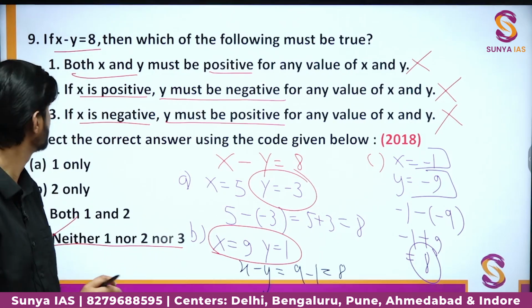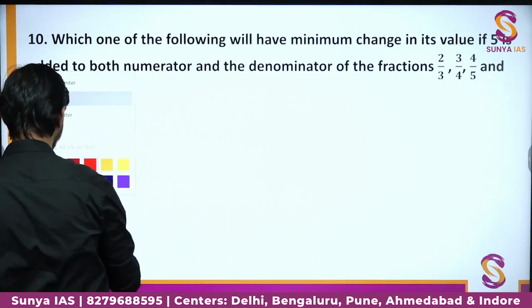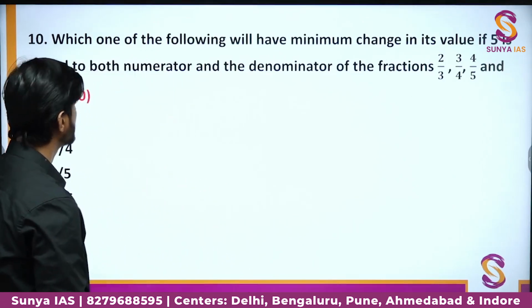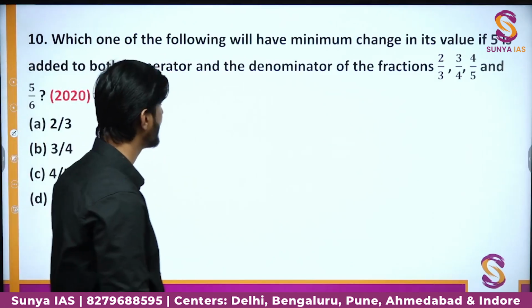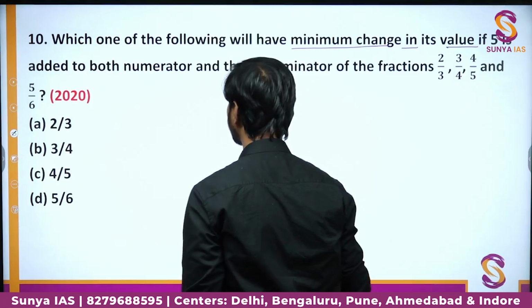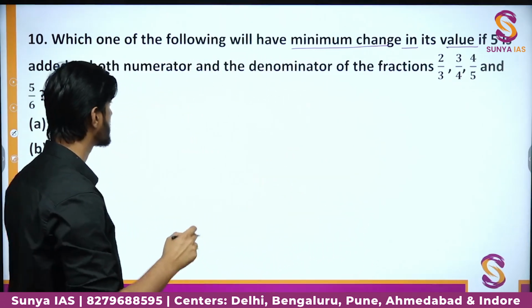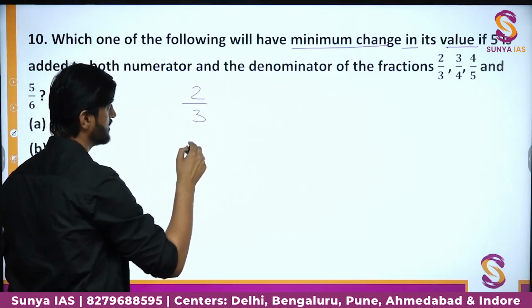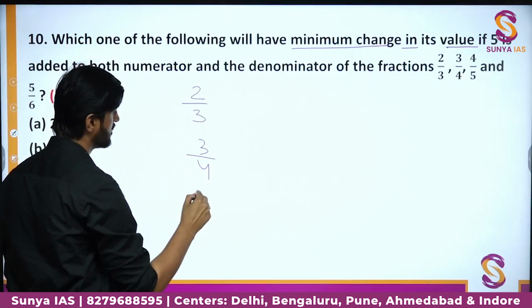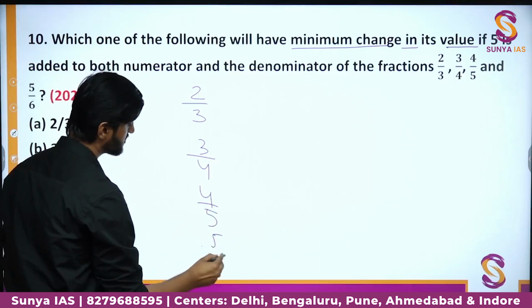Now, moving on, we have one more question which is quite random in its design, so let us have a look. Which of the following numbers will have minimum change in value if 5 is added to both numerator and denominator? Okay, so we have the fractions 2 by 3, 3 by 4, 4 by 5, and finally 5 by 6.